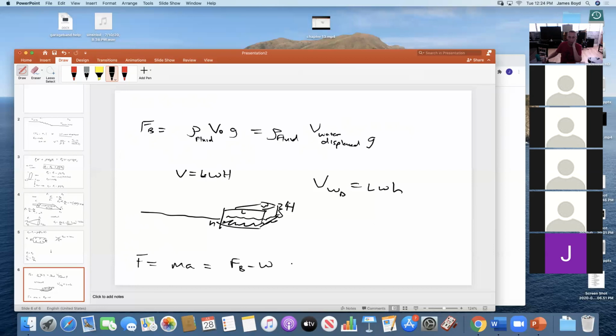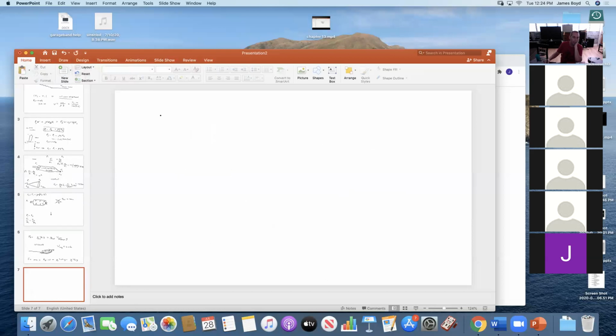The buoyant force is the volume of water displaced, so L W little h times g, minus the weight, which is the density of the object times the volume of the object times g. But let me do this on a new slide.